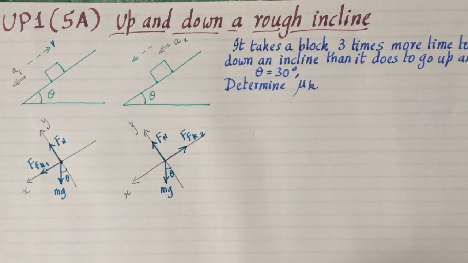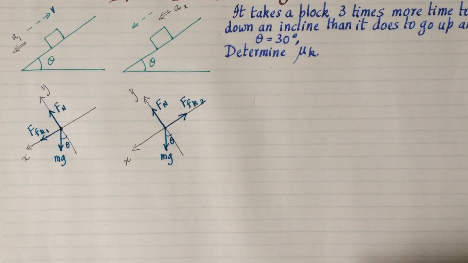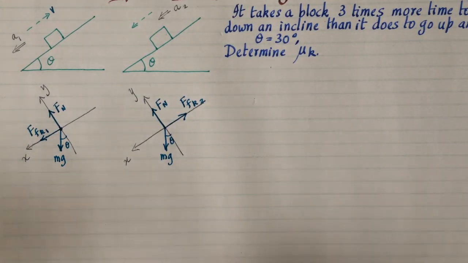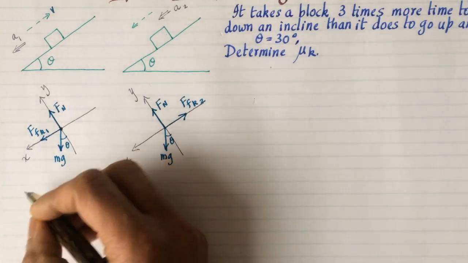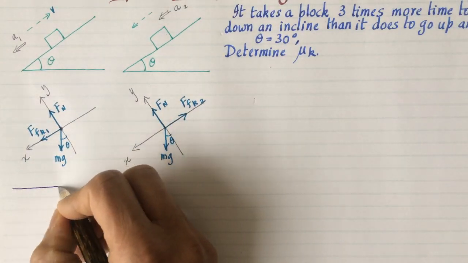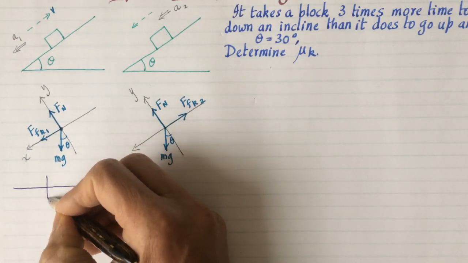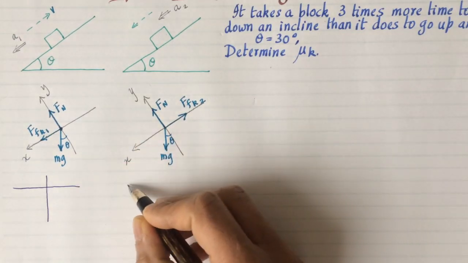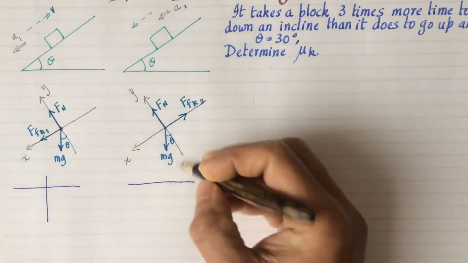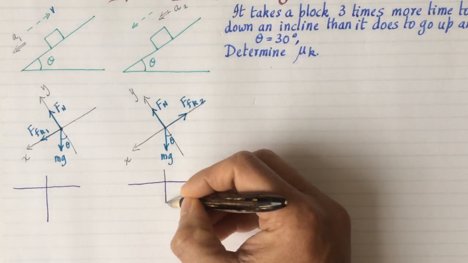And then I always like to also draw the force table. I'm going to draw a simplified force table where the forces are self-identified by the symbols you give them.